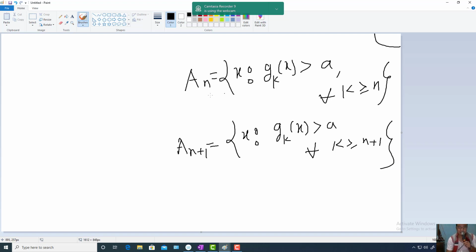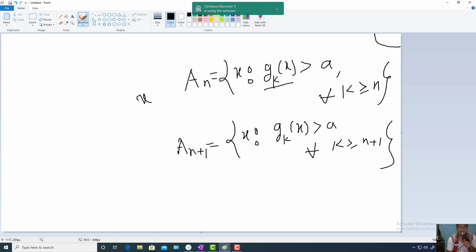Okay, so if a point x is a member of A_n, then this is true: g_k(x) is greater than a for all k greater than or equal to n.